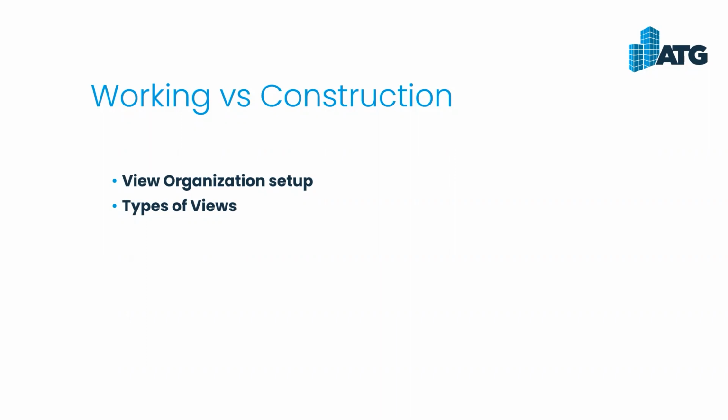Project setup is also nice to create kind of an overall scope box for the boundaries of your building. With that, you can go in and apply it to additional views within your project. So it can be used for construction, coordination, and working type views. All those scope boxes there, they can be carried over into other views.